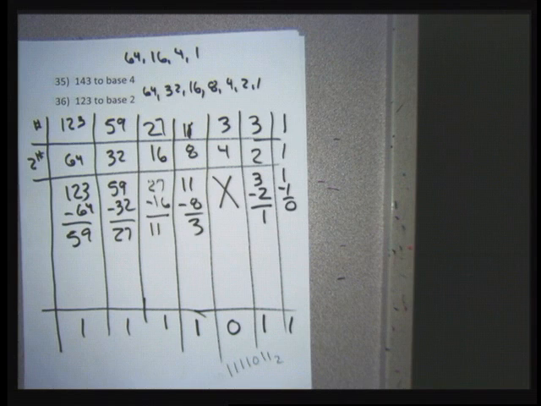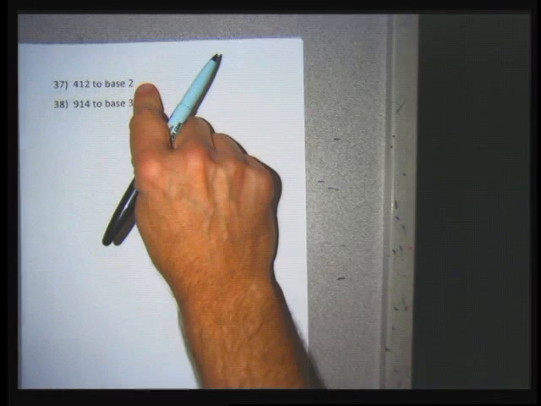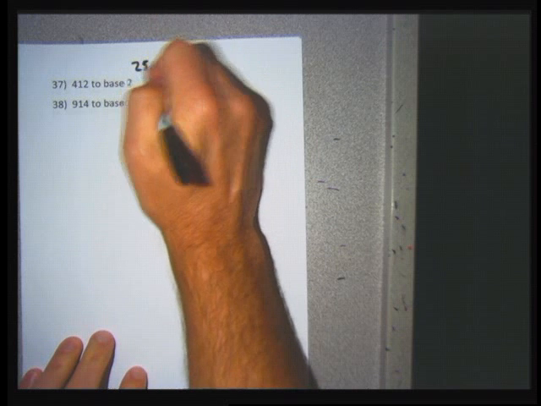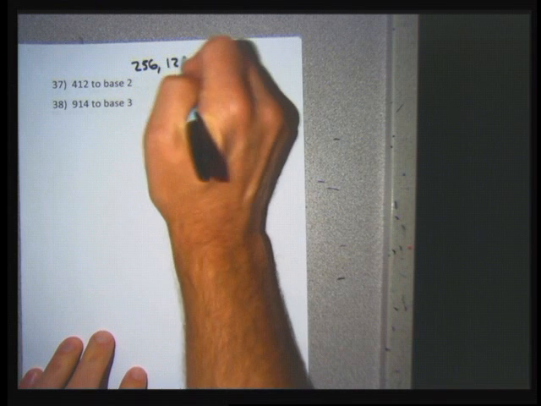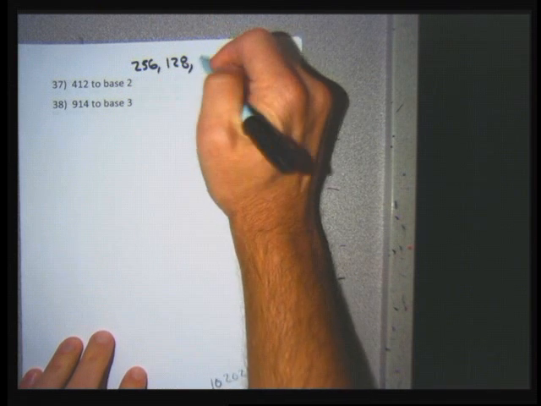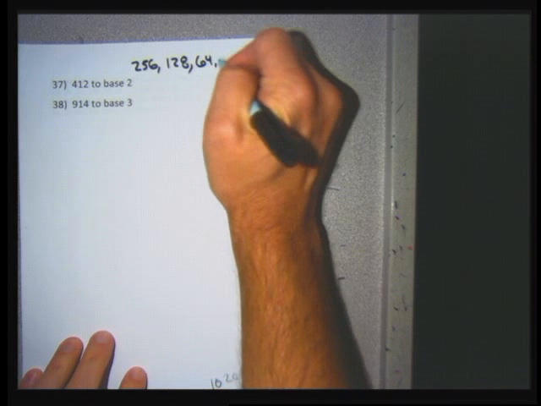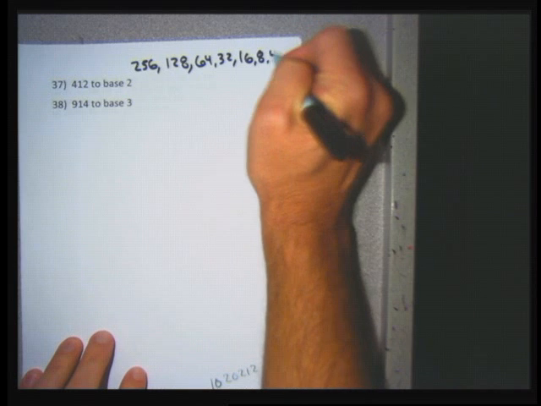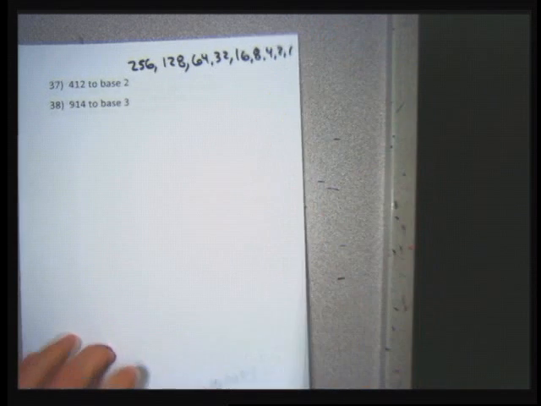2 more. Base 3 and a big number. For your problem, oh gosh, you're going to need up to 256. So you're going to go 256, 128, 64, 32, 16, 8, 4, 2, and 1. So it's a monster.